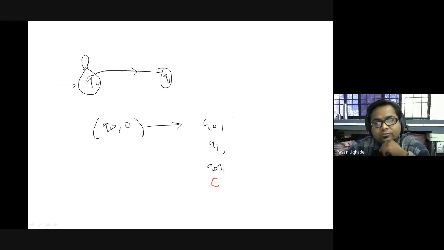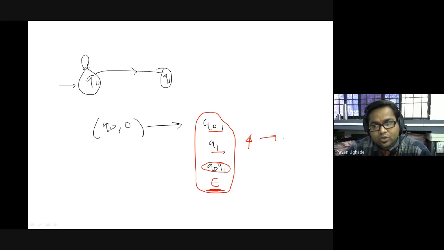That is epsilon. So how many possibilities are there? It is 4 possibilities. Either it may not go anywhere, it may lead to Q0, it may lead to Q1, or it may lead to both. So how many possibilities? 4. How many states did you have? 2. So 2 raised to power 2. That is 2 raised to power |Q|.